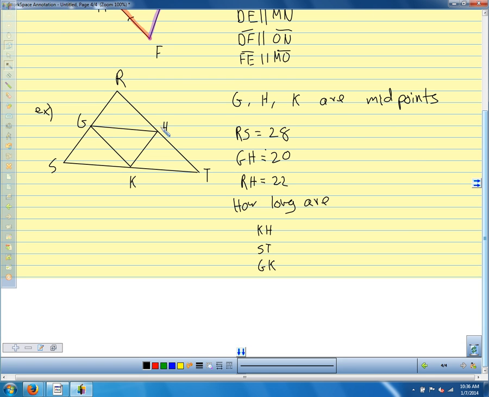Well, because these points are at the middle of each side of the triangle, what kinds of segments are these? Mid-segments. Their endpoints are at the middle of each side of the triangle.